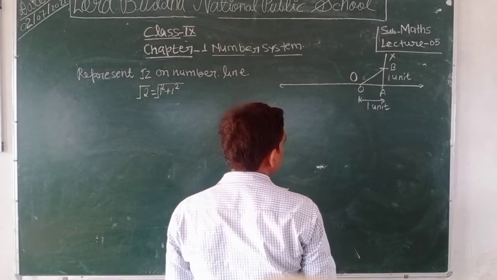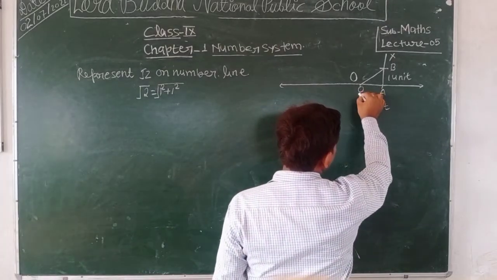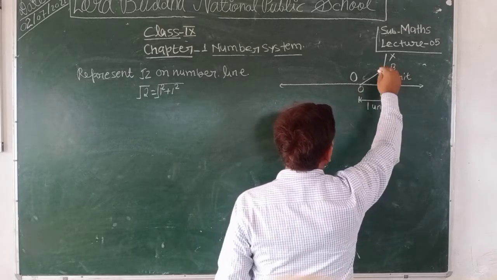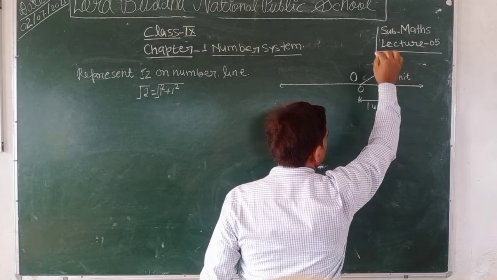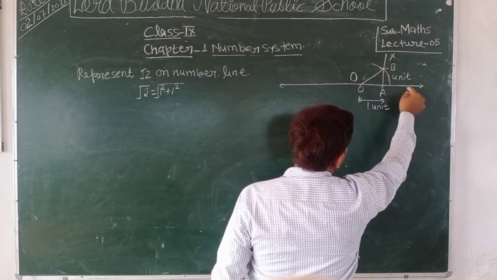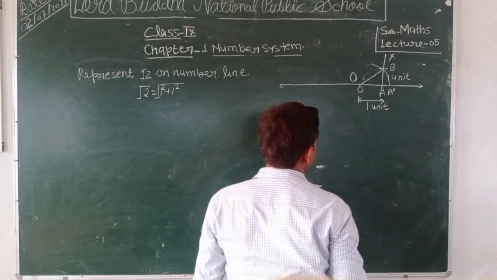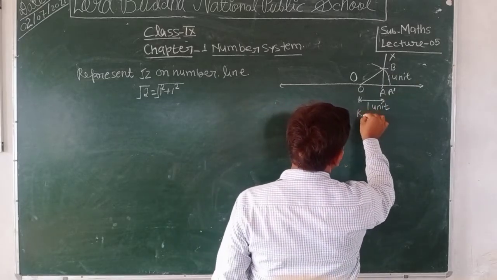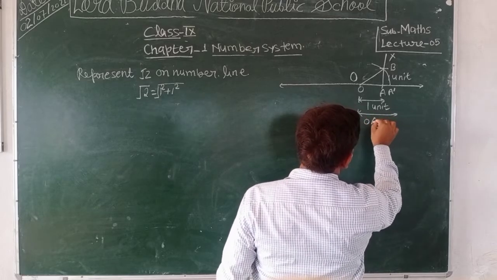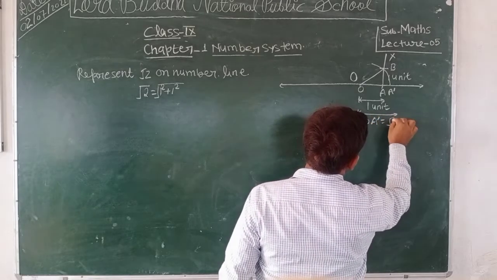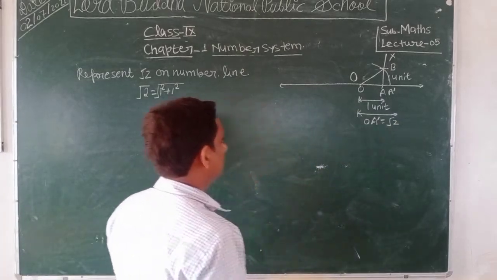With the compass, we make an arc taking O as center and OB as radius, and it cuts the number line at A dash. Now, OA dash represents root 2 on the number line.